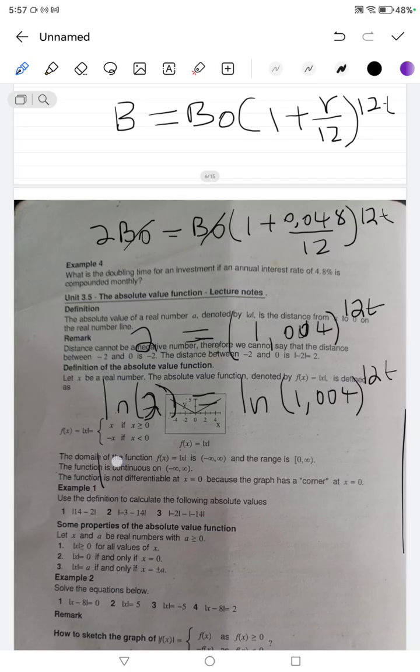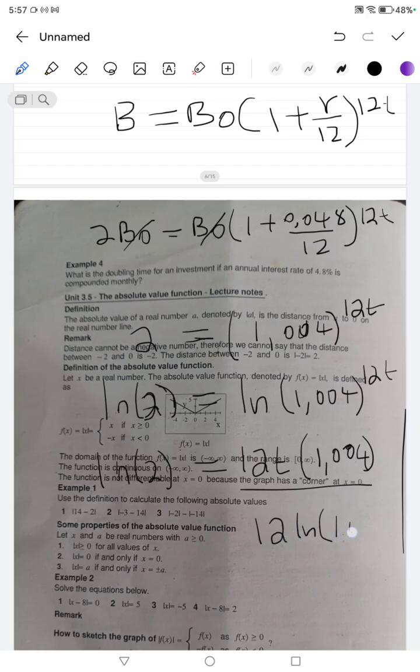Then ln of 2 equals 12t times ln of 1.004. Then you can divide by 12 ln of 1.004.